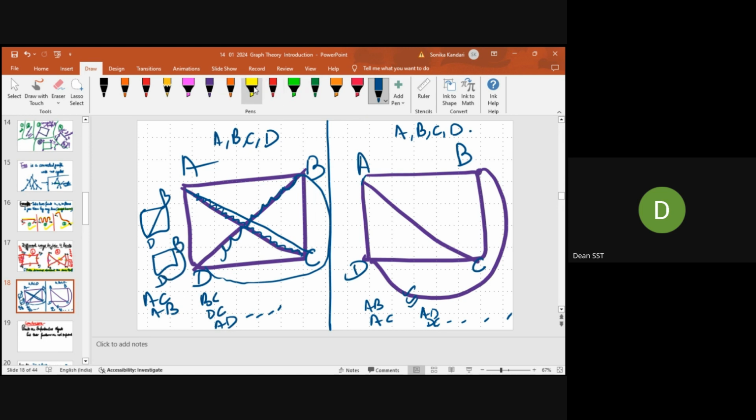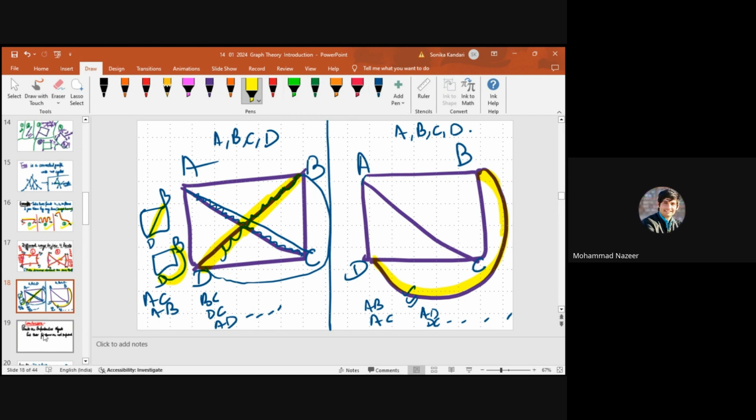Is it clear? When it was shown like this was the edge BD. When we have made it like this is the edge BD. Is it clear? Yes, ma'am. So earlier, which was edge BD is now this edge BD. So it hardly makes any difference if you see any edge drawn like a line or drawn like a curve. Fine. Is it clear?